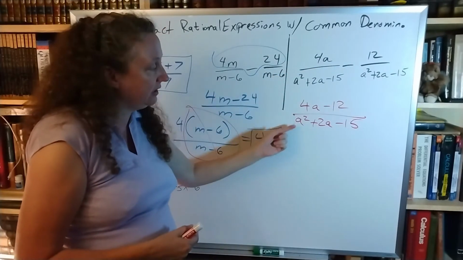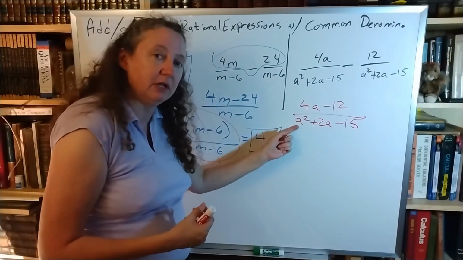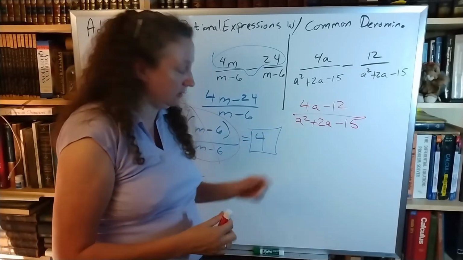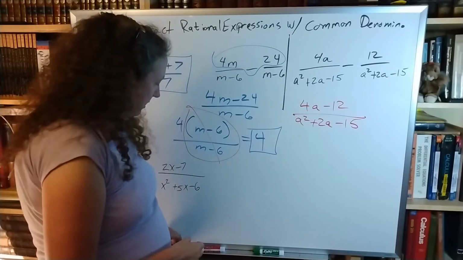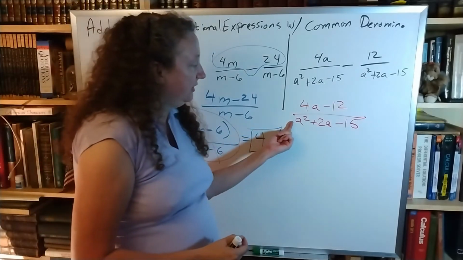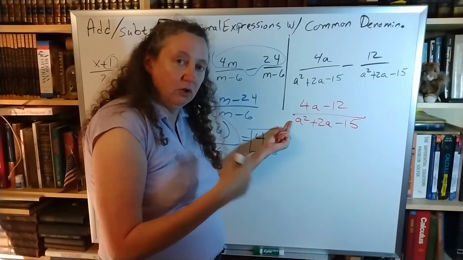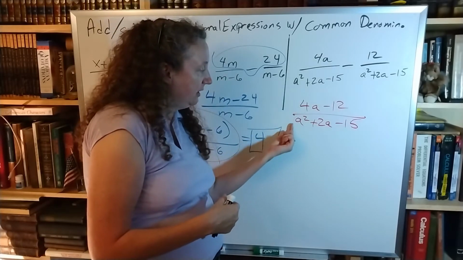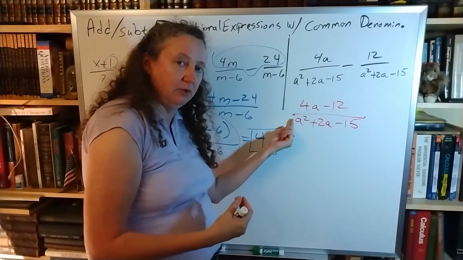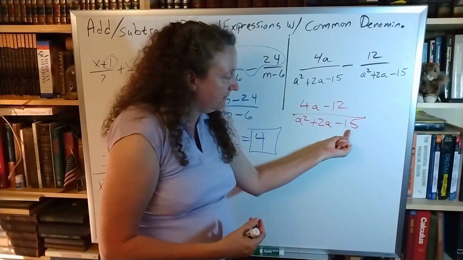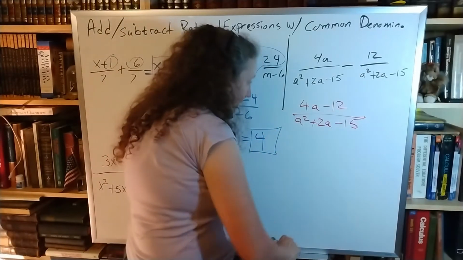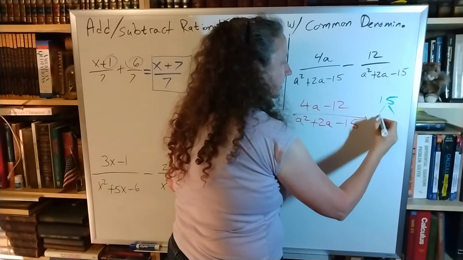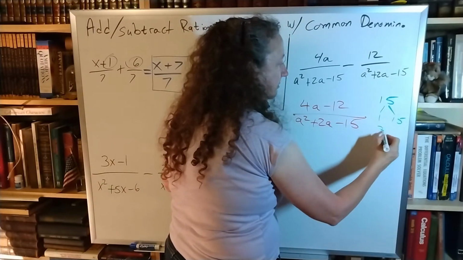But down here, I now have to check, can I reduce? So now I do have to factor it. So I'm looking at this and I see that my a term, my leading coefficient, in my ax squared thing is 1. So I'm allowed to do a shortcut. I have 15 there. That could be 1 and 15, or it could be 3 and 5.